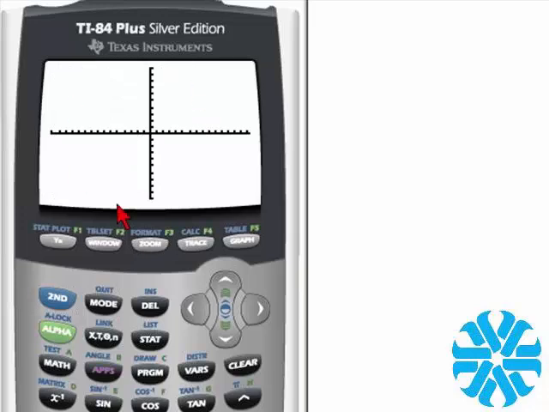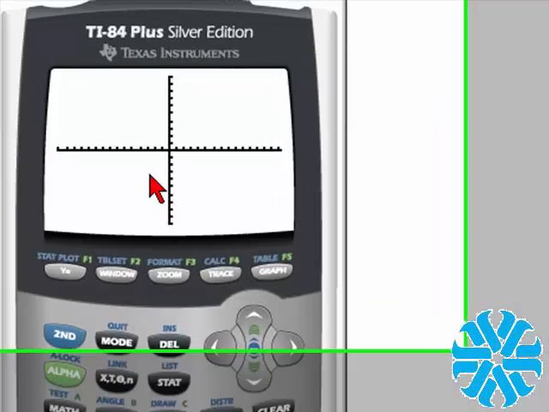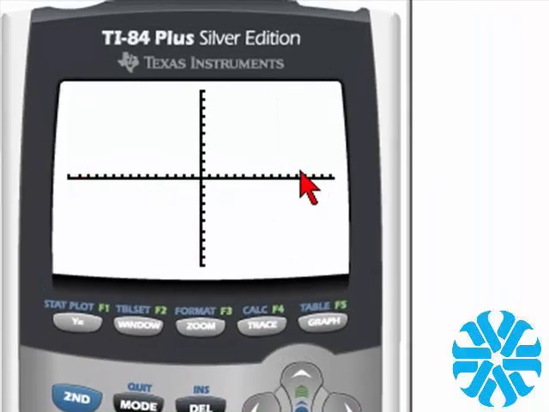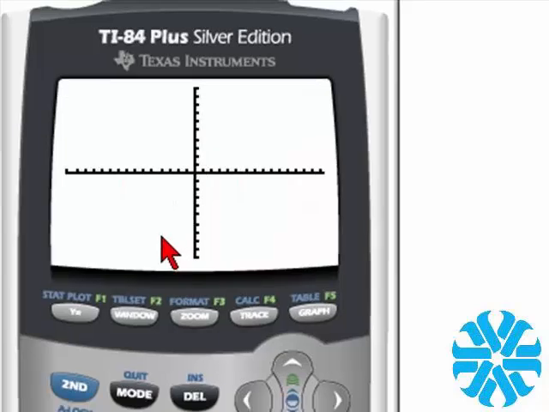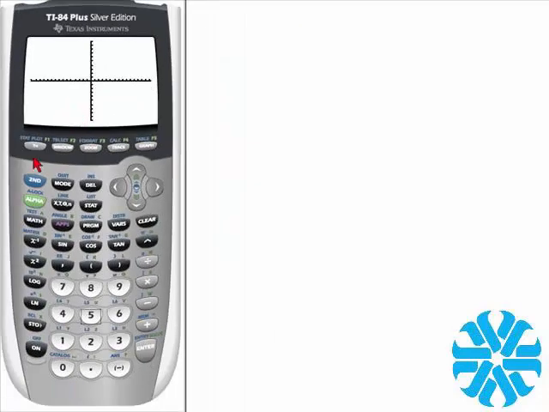So what this does is it just shows you the z-square window, what it looks like. Okay, and you can see here that the increments look the same on the x-axis and y-axis. So let's get out of this screen by selecting second function and then quit. And that takes you back to our circle function that we inputted just a little while ago.